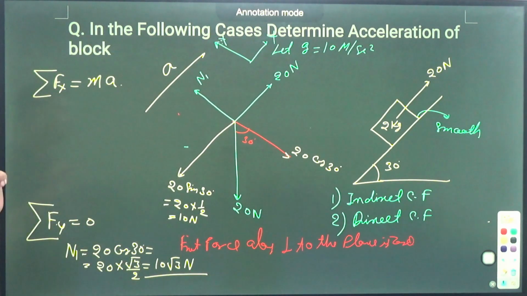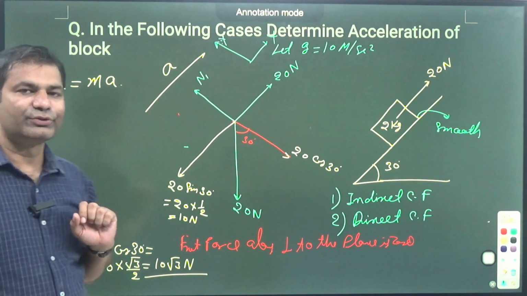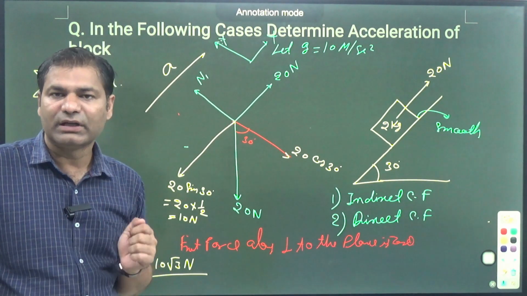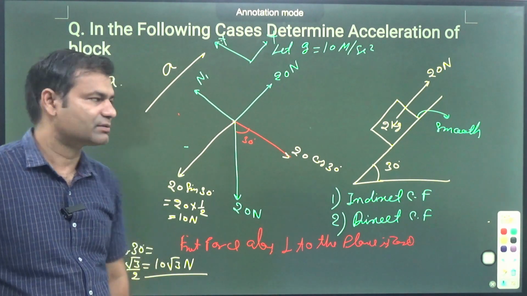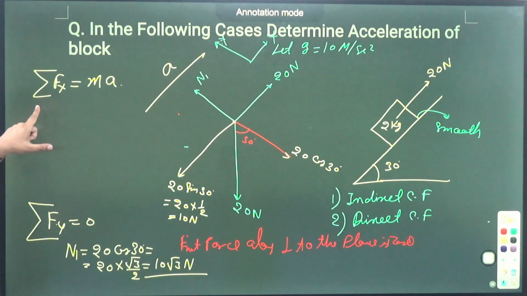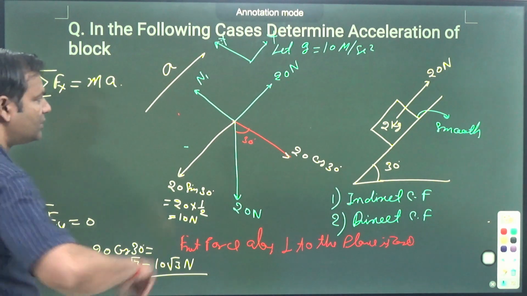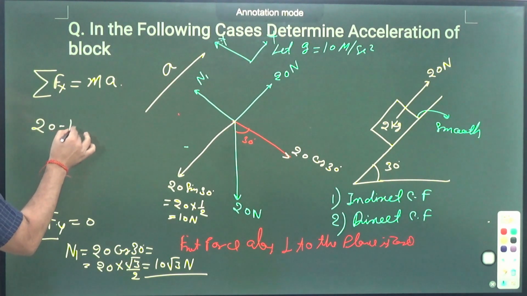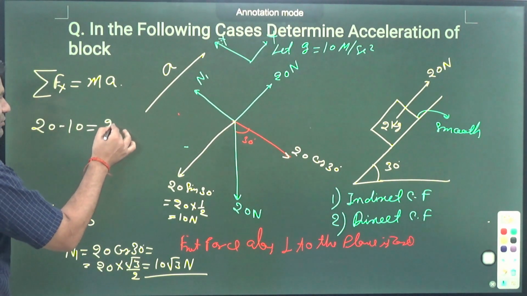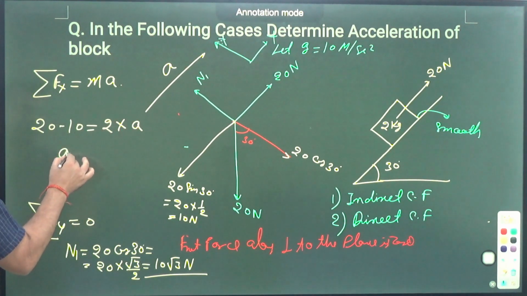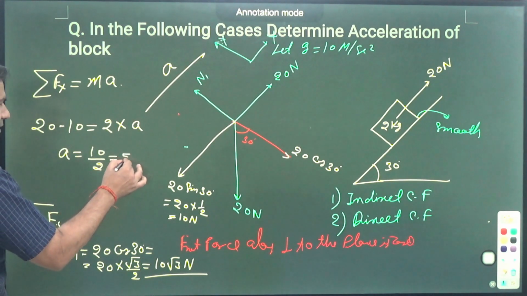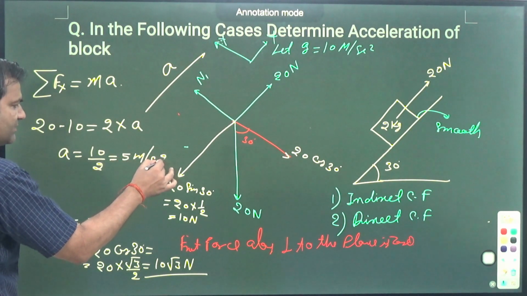It means we got an unbalanced force along capital X. So, the summation of F along x is equal to ma. Now, net force 20 minus 10 is equal to mass, that is 2, into a. We have to determine a. So, 20 minus 10, that is 10, divided by 2, we get 5 meters per second squared as the final answer.